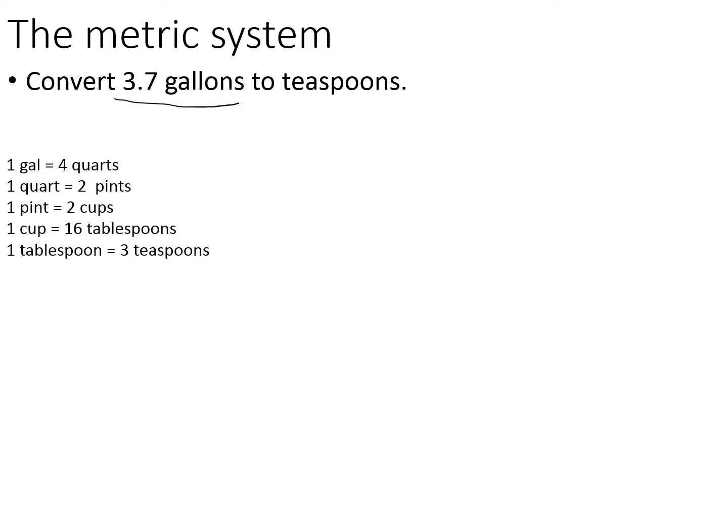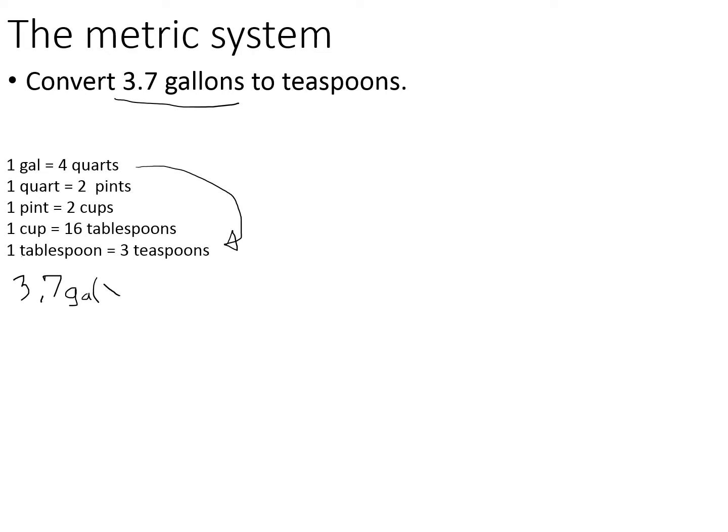3.7 gallons. First one is we're going to convert it to the next smallest thing. We're not going to go all the way to teaspoons simply because I want to illustrate my point of how difficult it is to move through our system. 3.7 gallons, first converting goes to quarts, so 1 gallon equals 4 quarts.